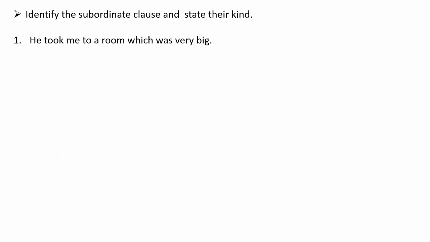So now you're clear with the subordinate clause and its kinds. Most of the times in exams the question is asked, identify the subordinate clause and state their kind. So we are going to solve the same now. First question is, he took me to a room which was very big.